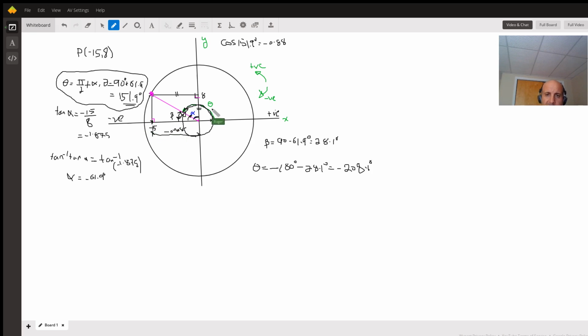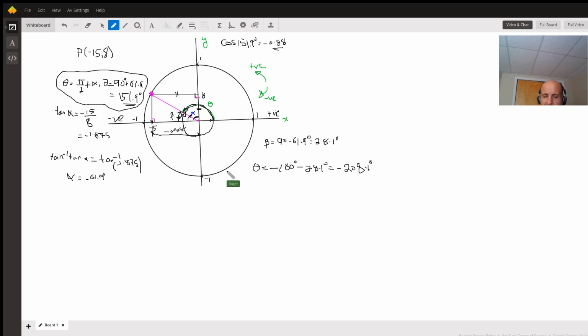It's on the negative side, so it's negative 0.88. And so you tell me this go above 1, it does not go above 1, because the radius of this trigonometric circle has a limit of negative 1 here, and a limit of 1 here, and same thing, limit of 1 and limit of negative 1.